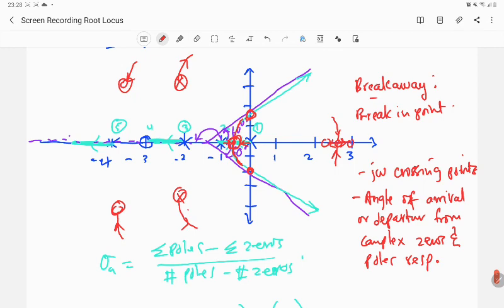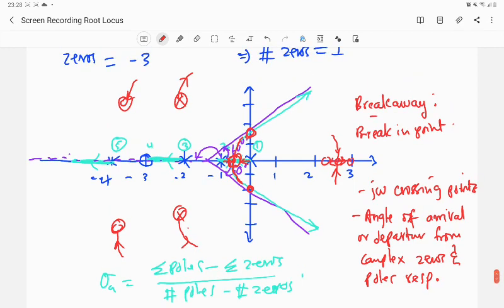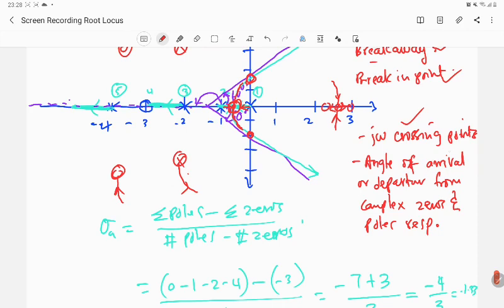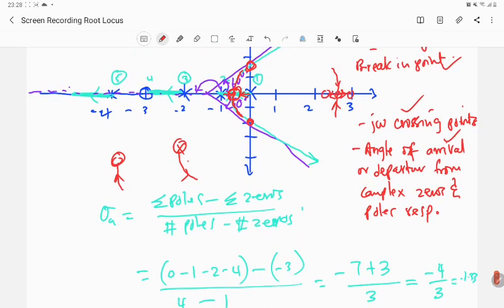Therefore, in the next lecture we are going to look at how to calculate the breakaway point, the break-in point, the j omega crossing point, and then the angle of departure and arrival. Okay, so that's what we'll do in the next video.